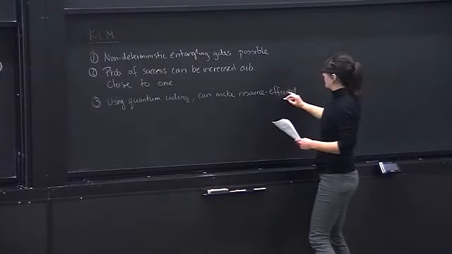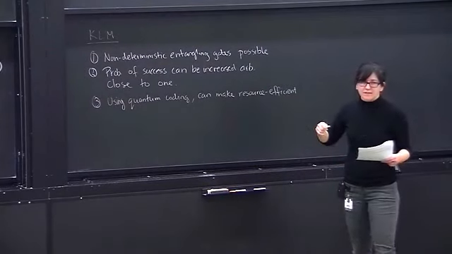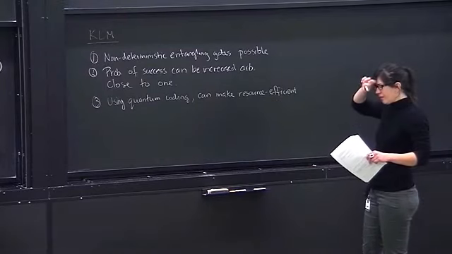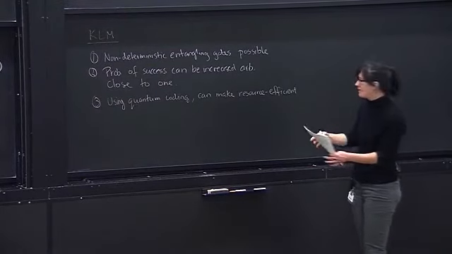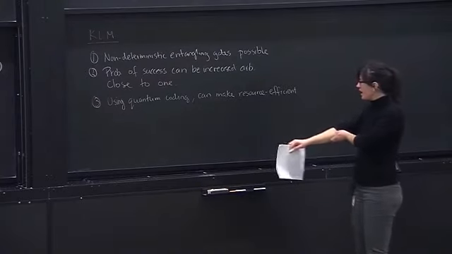What resource efficient means here is that the number of resources scales at most polynomially with the complexity of the computation. And I think in this paper they actually showed that it scales linearly. So that was great.